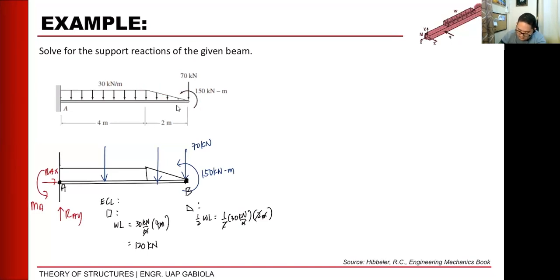So cancel yung 2. So our ECL for that is still 30 kilonewton. Okay? So this will be 120 kilonewton. Then this is 30 kilonewton. Okay? Ngayon, ang kakalculate naman natin is yung mga distances natin para alam natin yung mga moment distances natin.